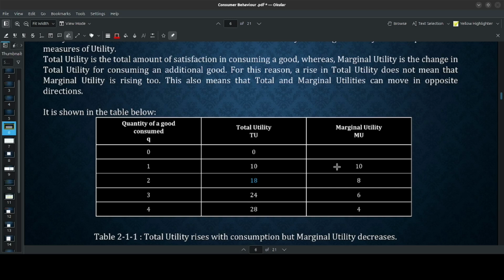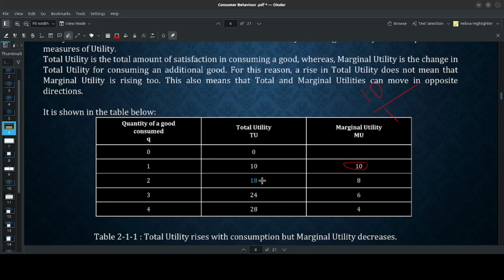What is marginal utility? Marginal utility equals the change of total utility divided by the change in quantity consumed. The change in total utility is 10 minus 0, that means 10. The change in quantity consumed is 1 minus 0, that means 1. 10 by 1 equals 10. For the second unit, total utility is 18.